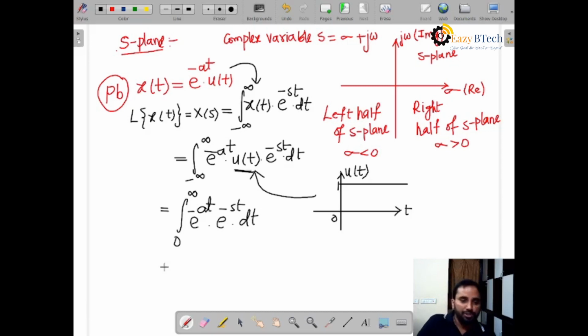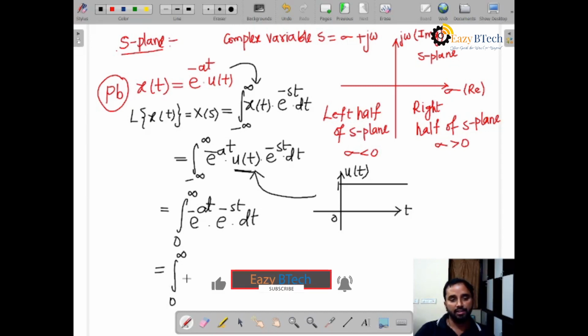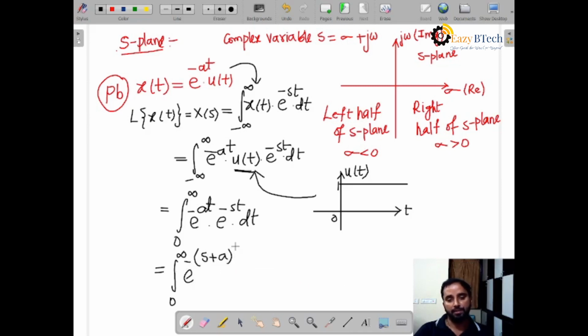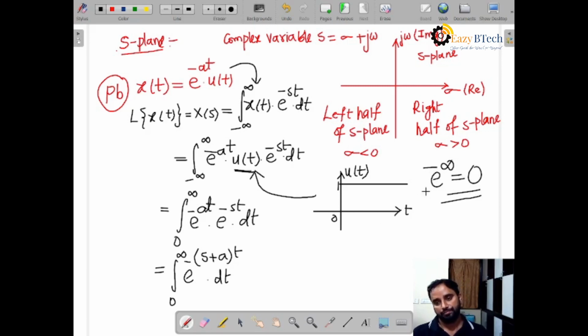Here, in the integration from 0 to infinity, I am taking common minus s plus a, with t also common, so e to the power minus s plus a, t. After substitution of limits, we always look for e to the power minus infinity, which is equal to 0.